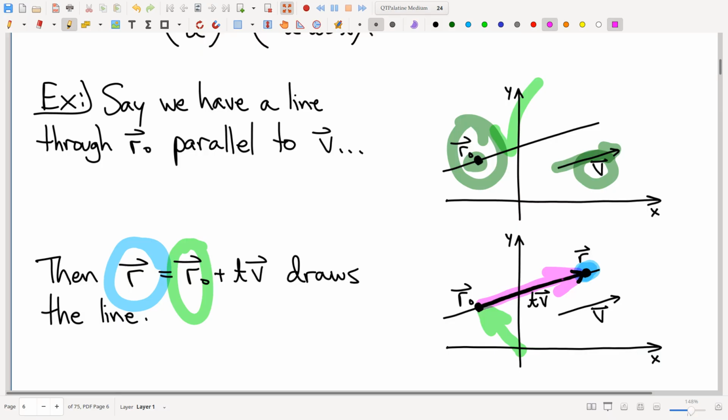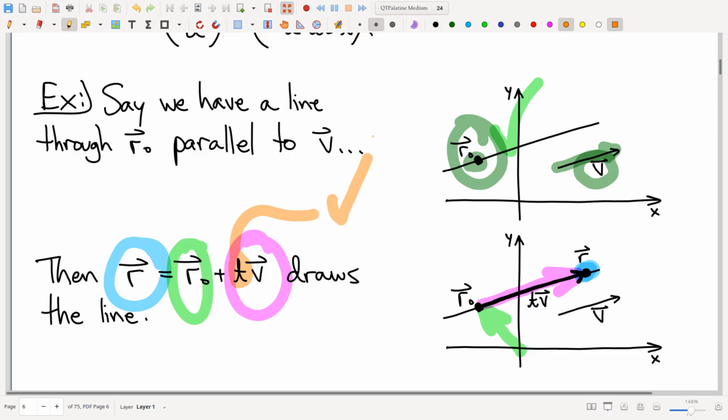These are 2 points on the line. Their difference is parallel to the line. So it's a scalar multiple of that vector. And so green plus purple will always give me a point on the line, and I have a parameter. T is my parameter, so position is a function of one parameter.